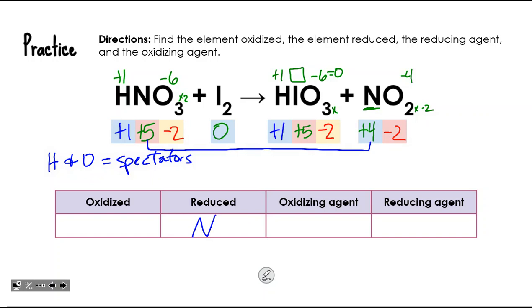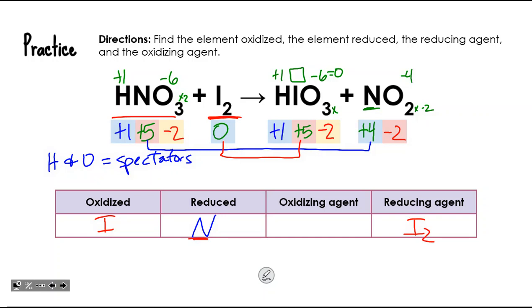The iodine starts at 0 and goes to +5. So it's definitely becoming more positive and gaining an oxidation state. I is being oxidized. Now our 2 agents. There are 2 reactants here. Well, I is being oxidized, so the reactant with I is going to be the reducing agent.